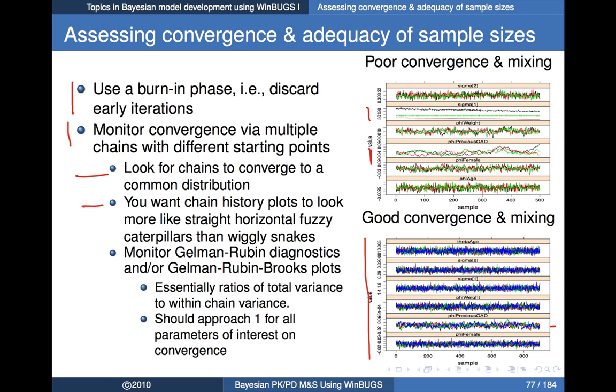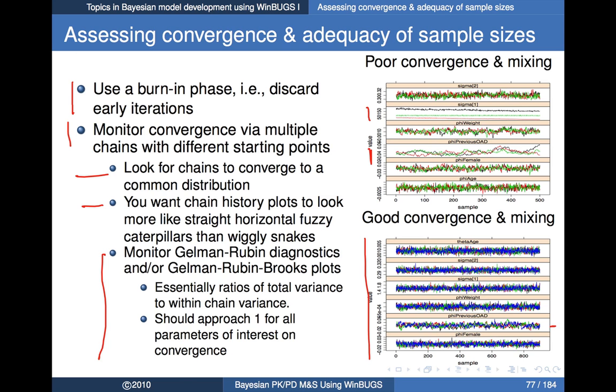Probably the most commonly used one is the so-called Gelman-Rubin diagnostic, or the Gelman-Rubin-Brooks plots. Those are essentially ratios of the total variance across all of the chains to the within chain variance.